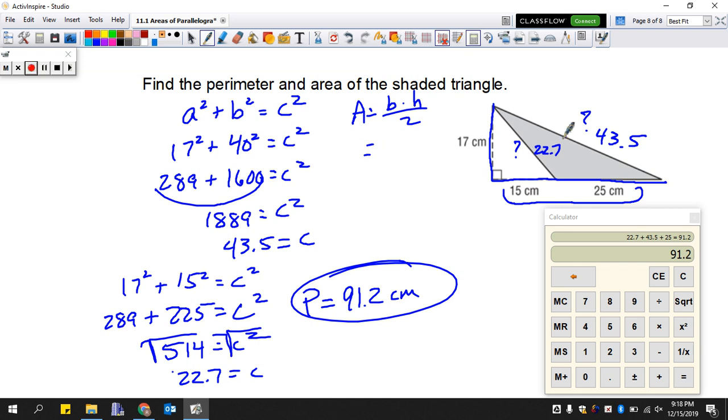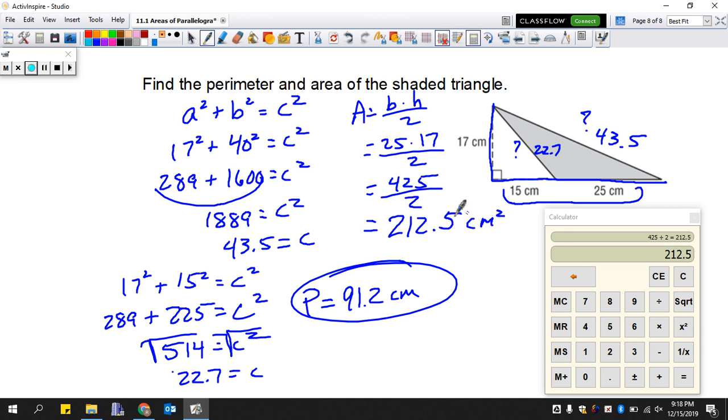Now we're finding the area of the shaded part, so the base is 25 times 17 divided by 2. 25 times 17 is 425 divided by 2, which gives us 212.5 square centimeters. So that's the area. Area is 212.5 square centimeters.